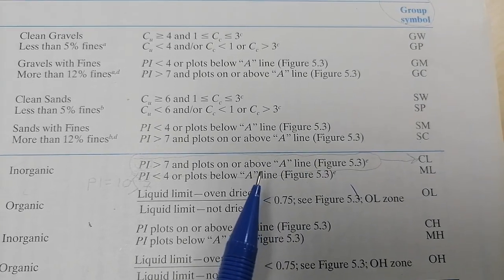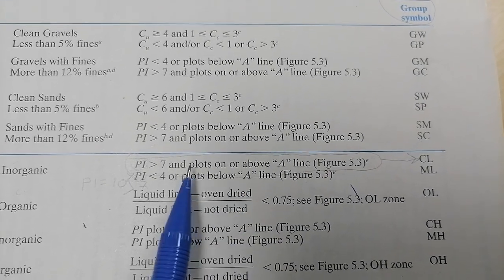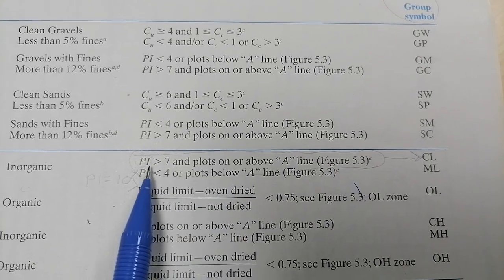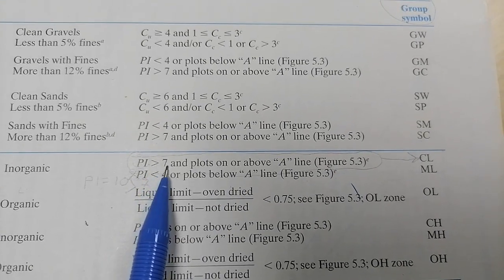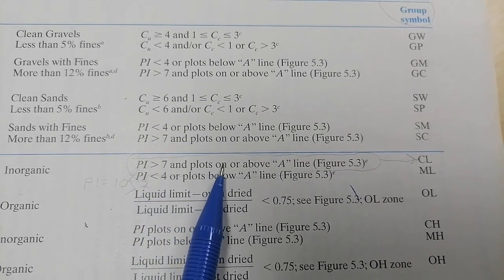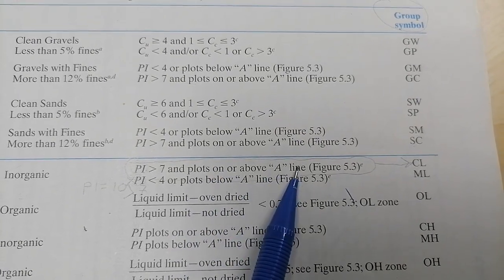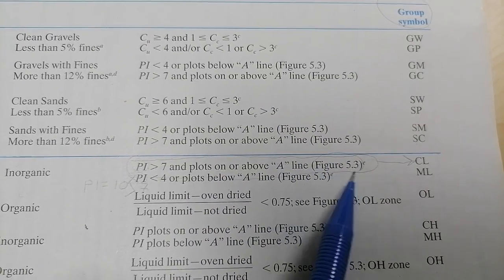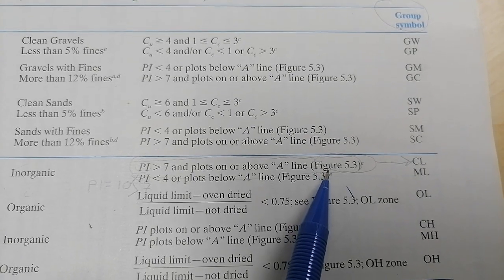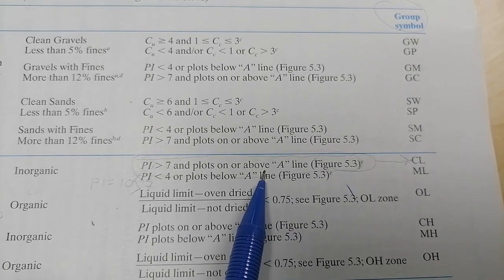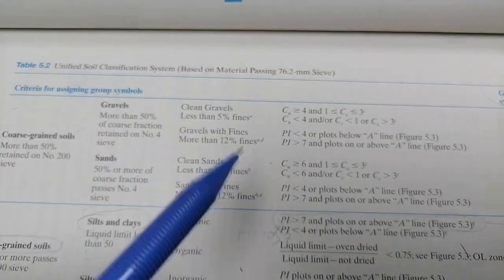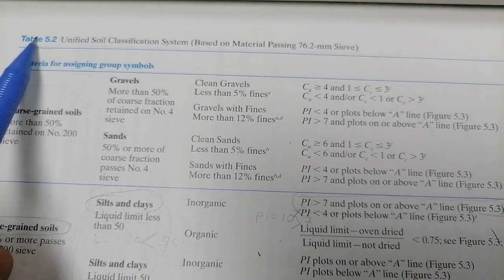Mungkin some of you might wonder, what is this? PI larger than 7 and plots on or above A line, which is figure 4.3. We can use this to double check. Okay, so this table is table 5.2.